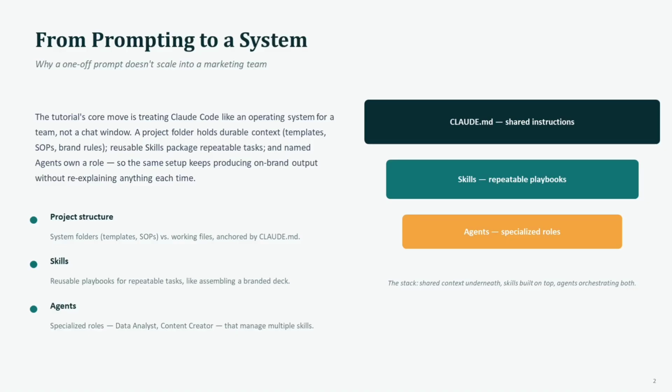From prompting to a system. Why do we need to use Claude Code for marketing? Because Claude provides professional tools and professional files that are required for marketing, and not only marketing, but whatever task you want.